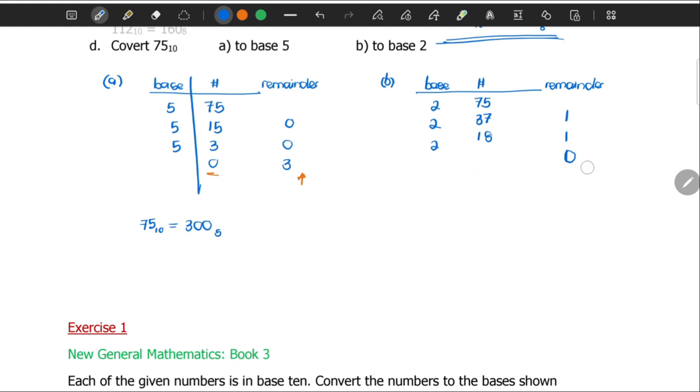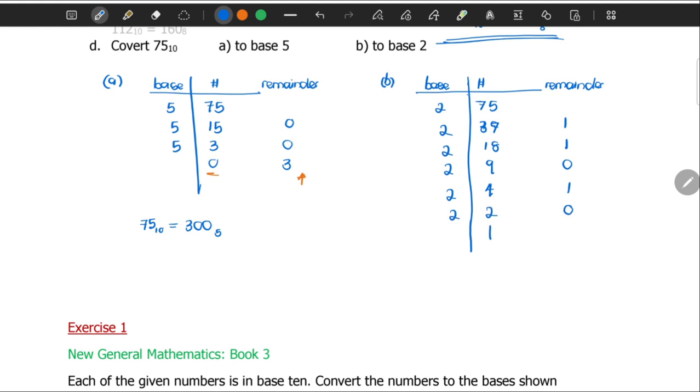Sorry, let me just restart this one. We have 2 and 75. 2 into 75, that's 37, remainder 1. 2 into 37, that's 18, remainder 1. 2 into 18, that's 9, remainder 0. 2 into 9, that is 4, remainder 1. 2 into 4, that is 2, remainder 0. 2 into 2, that is 1, remainder 0. 2 into 1, that's 0, remainder 1.